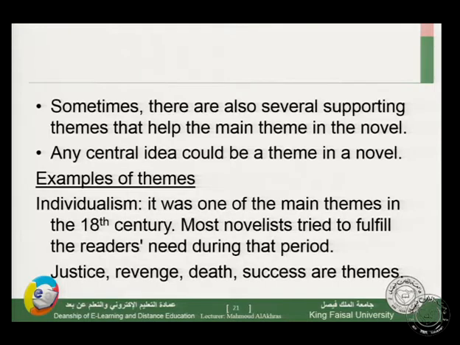Most novelists tried to fulfill the reader's need during that period, which is the 18th century. For example, we have the theme of justice in the 18th century, revenge, we have death, success. All these are considered themes of the 18th century.